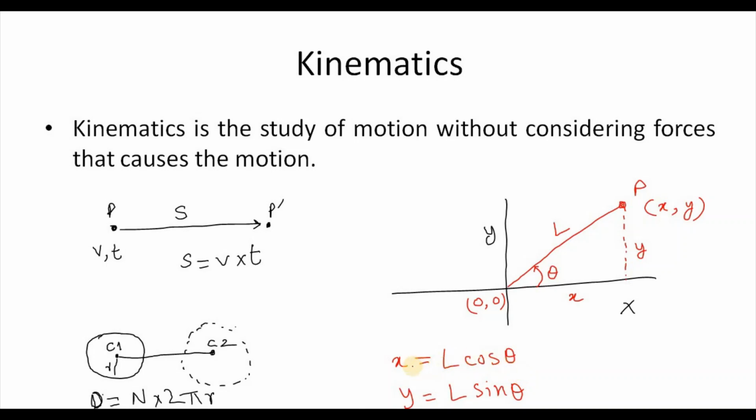So this is how you can calculate the final position of this point in xy coordinates. All you need to know is the length, the distance between this point and the origin, and the angle it's making. So this is again another example of kinematics, as there are no forces involved here.